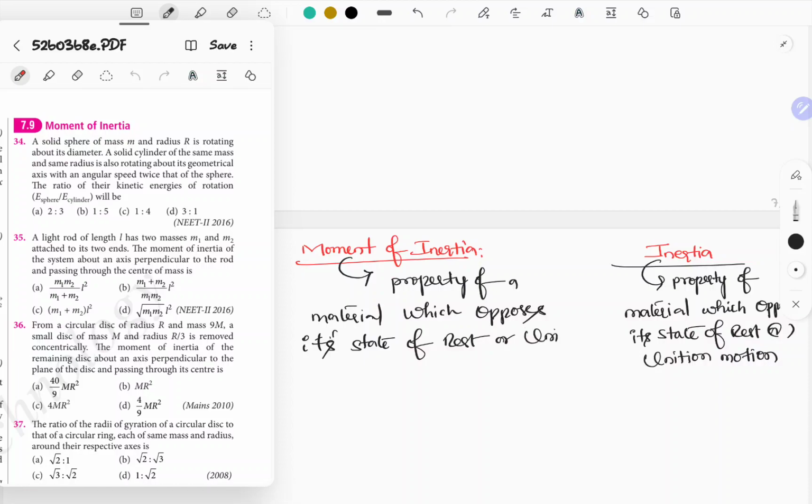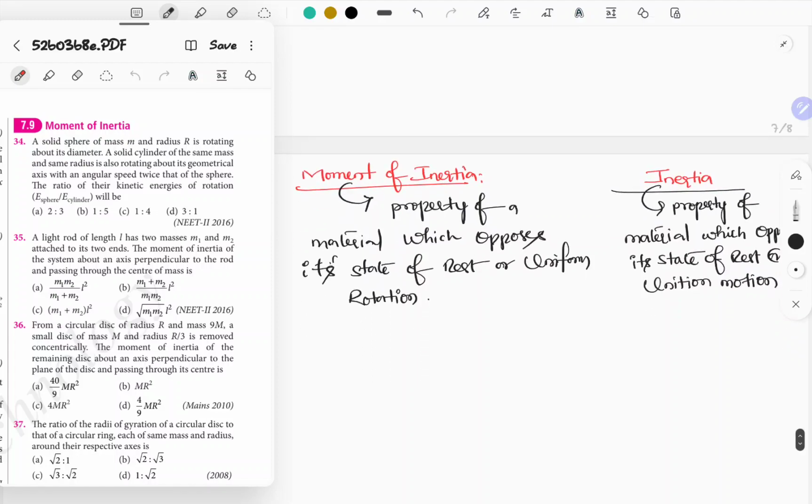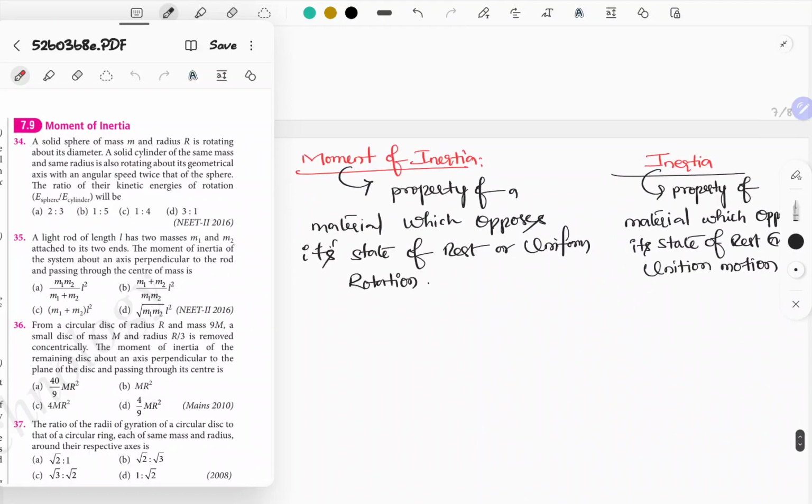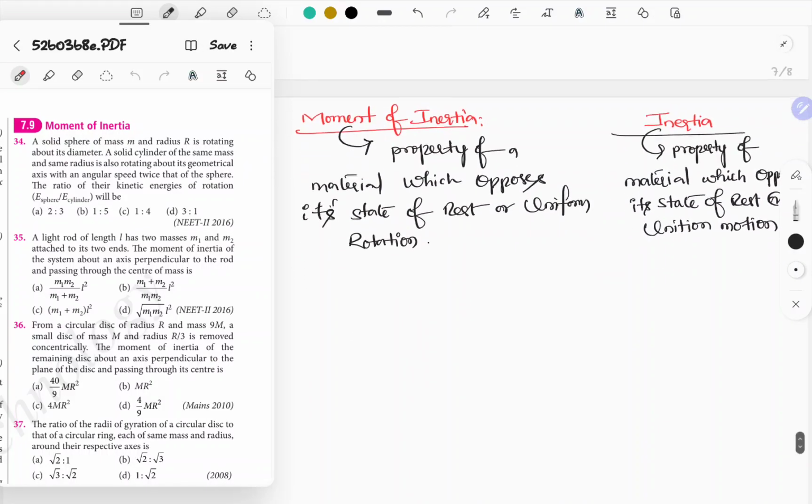Hope you understood the difference. An object already moving with constant velocity doesn't want to change its uniform motion. An object already moving with a uniform rotation doesn't want to change its uniform rotation; that comes under moment of inertia. So this is linear inertia and this is moment of inertia.